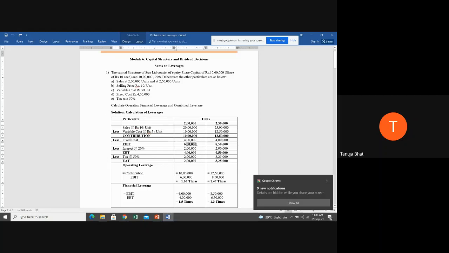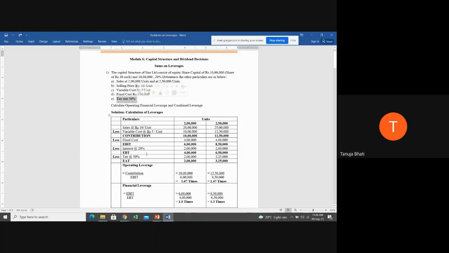From EBIT, when you minus your interest, you get earnings before tax, that is 4 lakh. Your tax rate is given as 50%. So you less tax at the rate of 50% of 4 lakh. So 4 lakh into 50%, you get 2 lakh. So your earnings after tax is 2 lakh rupees.